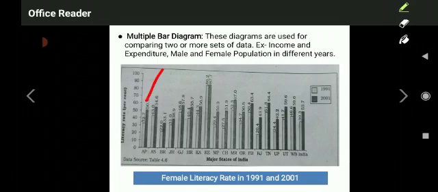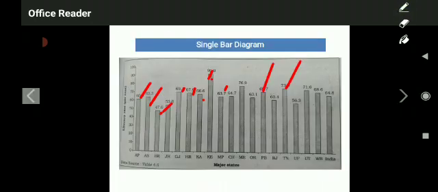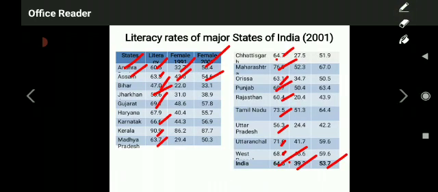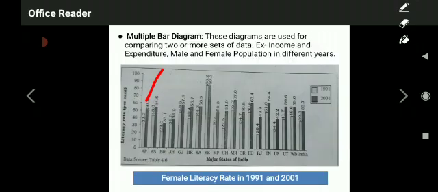Look at that table again. In Andhra Pradesh in 1991, the female literacy rate was 32.7% and it is 50.4% in the year 2001. If you want to see the same thing with the help of the diagram, it is very clear here.